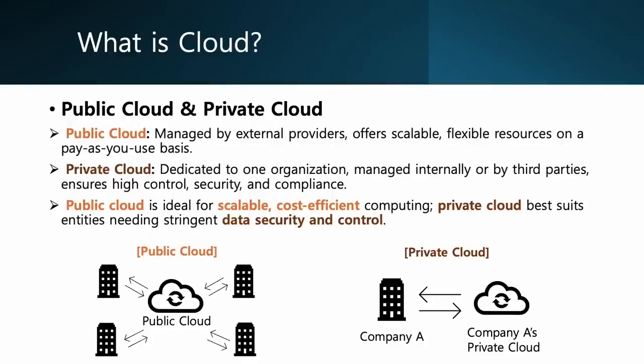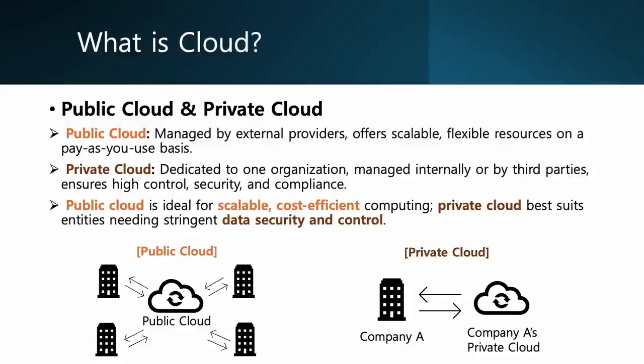Clouds can also be divided into public and private clouds. Public clouds are managed by external vendors and provide flexibly scalable resources as needed. It follows a pay-as-you-use model where users use as many resources as they need and pay only for what they use.